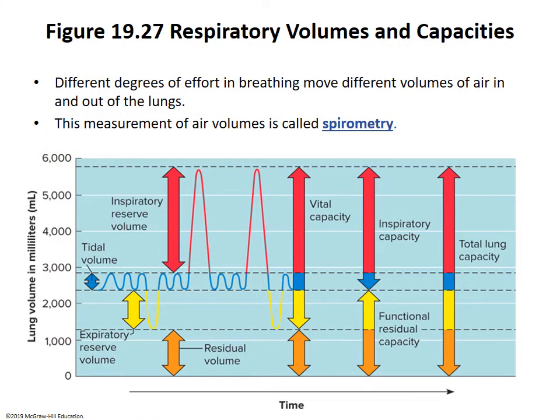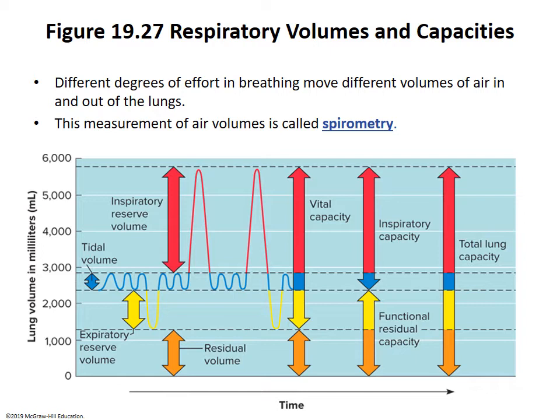So in order to look at the lungs and their function, we want to look at how they function. And so we look at the different volumes and divide up the lungs in different ways. This allows us to measure how efficient the lungs are and where problems will arise.